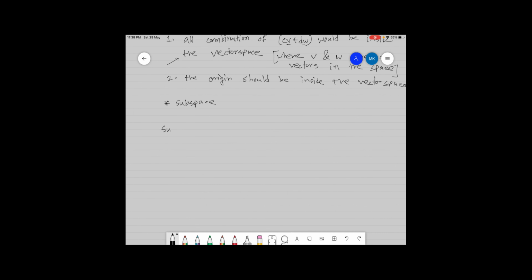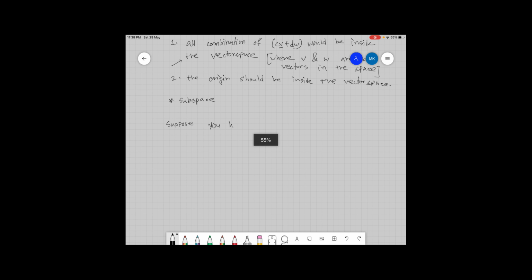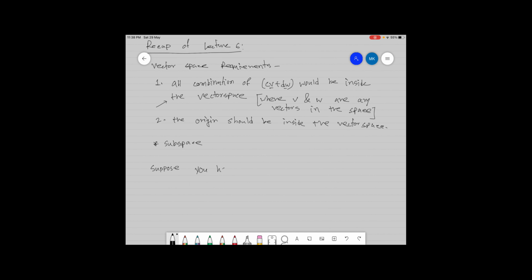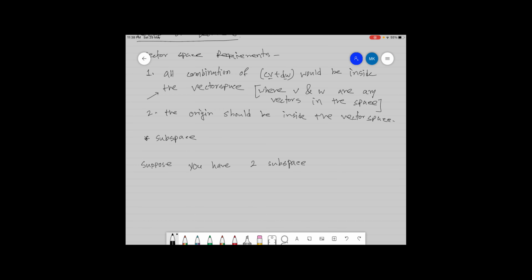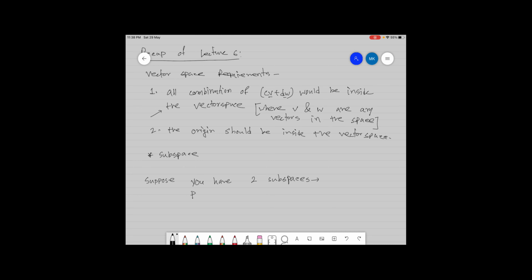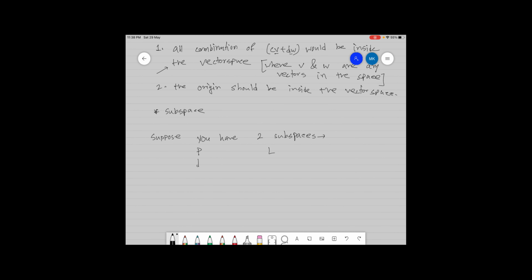Suppose you have two subspaces, which is P and L. Let's say this P is a plane through the origin in R3, and this L is basically a line through the origin in R3.